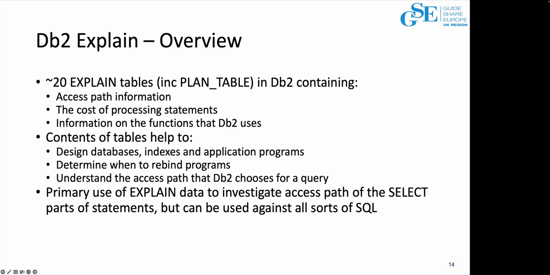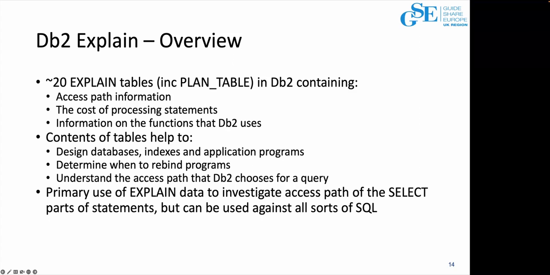The values in these rows identify all sorts of things, including the query or the subquery text, the tables and the other objects involved, the methods used to carry out each step, the cost information about those methods. There's a lot of information there. And the data stored in these tables can help us with our ongoing database design, to help us to know when is best to rebind packages or programs.